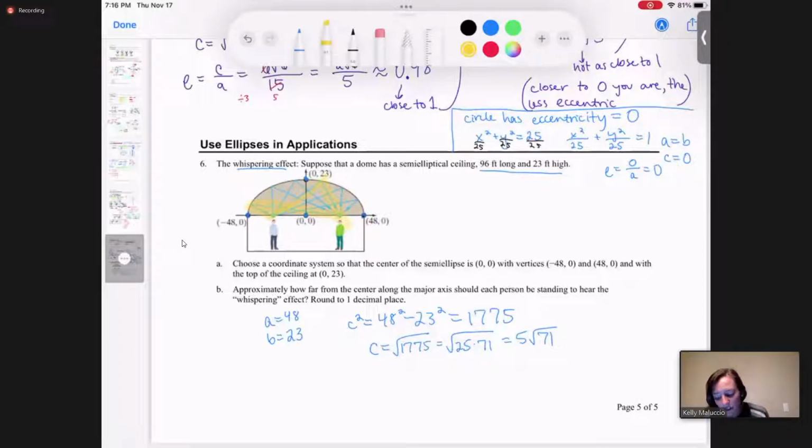What's going on is at the foci points, every one of these distances of their sound, of their talking, no matter what it is, they're all the same. The total distance that it's traveling is the same, which is why the foci should be the best place for sound, because no matter which direction they speak, the distance to the next person is the same, and it'll travel through.